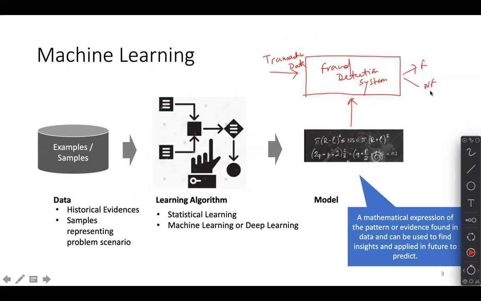But these systems do not predict confidently, deterministically. They'll say what is the probability that this is a fraud or not a fraud. We'll come to that in a little more detail when we come to a specific problem.